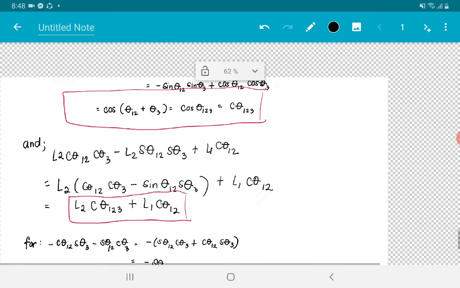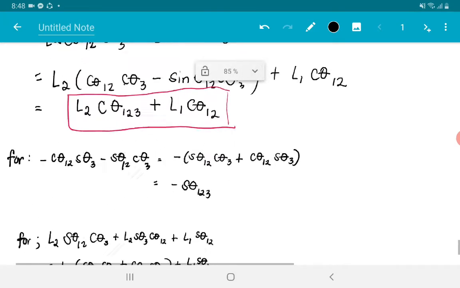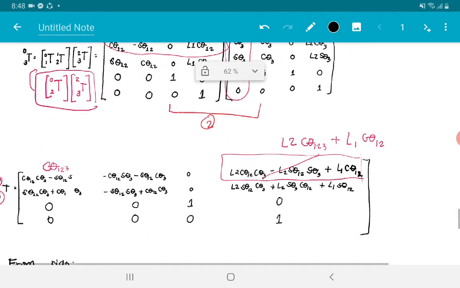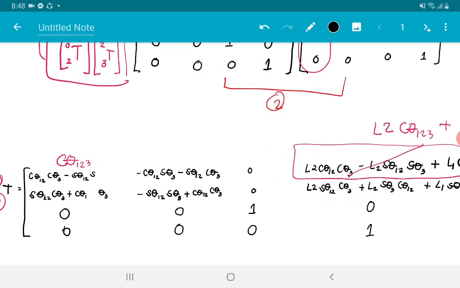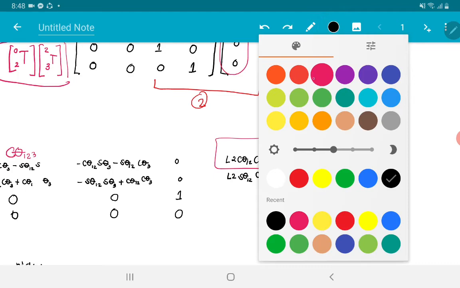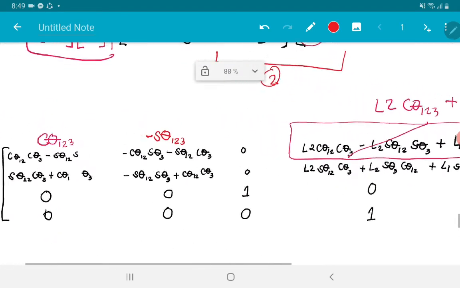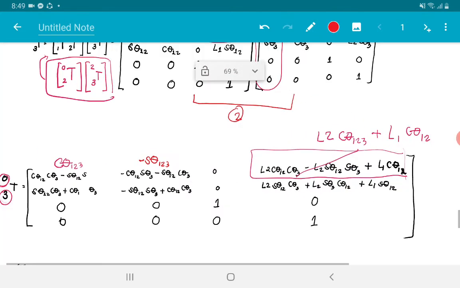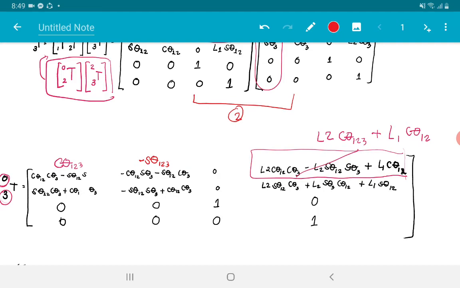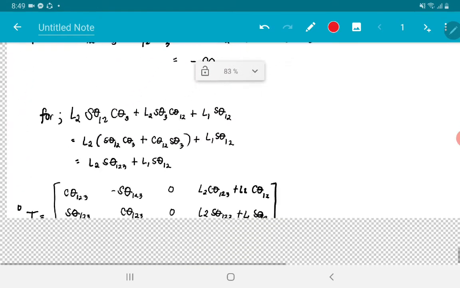Then substituting this value, negative cosine theta 1, 2 can be derived as negative sine theta 1, 2, 3. Then the next one that we can derive is also cosine 1, 2, 3. So this one is also cosine 1, 2, 3.